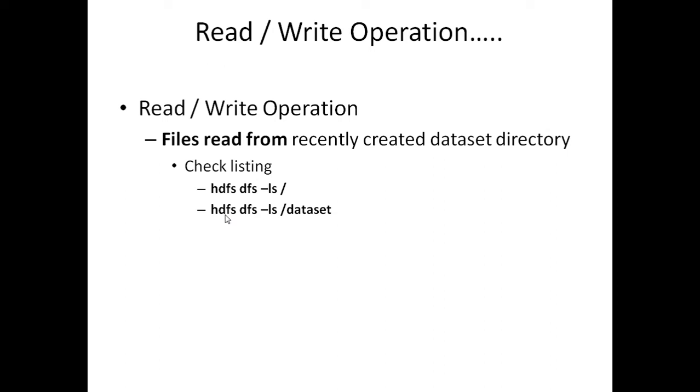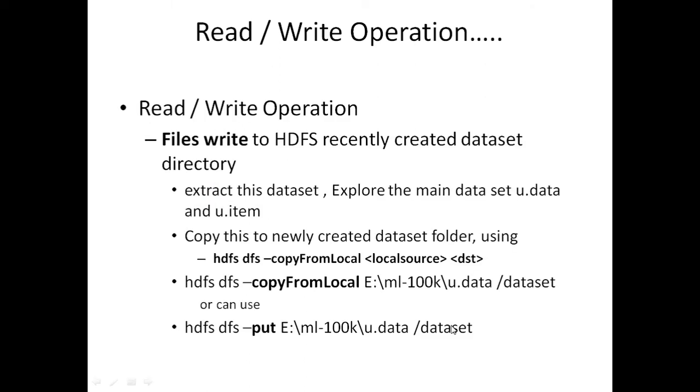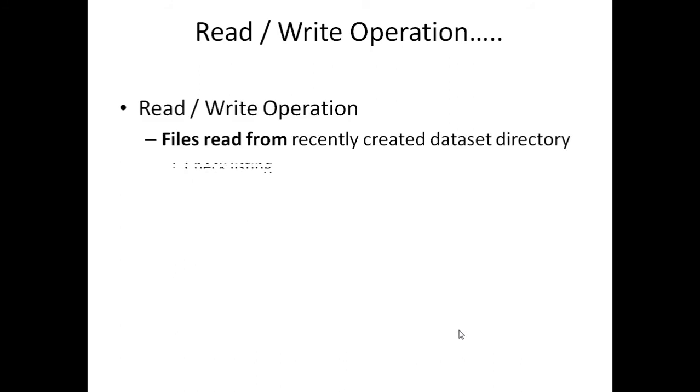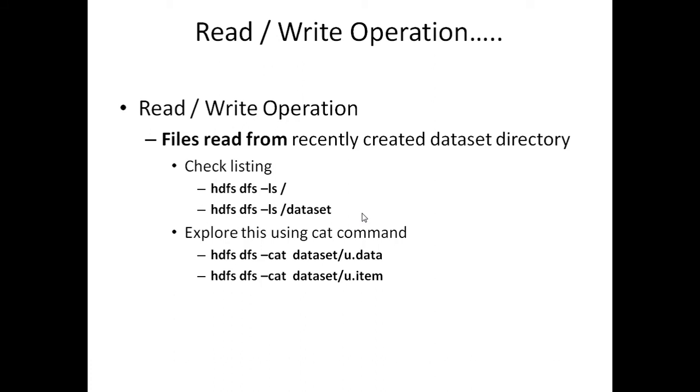Next we want to see the files inside this, because we recently wrote this file to this particular folder. Similarly you can write the u.item file to this folder. So we can use hdfs dfs -ls /dataset, and it will show you the files which were recently copied from local.